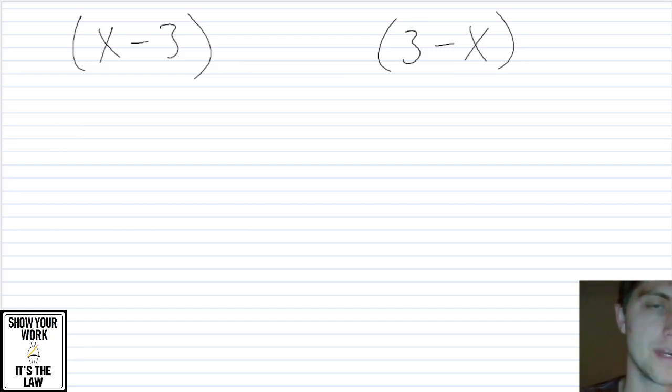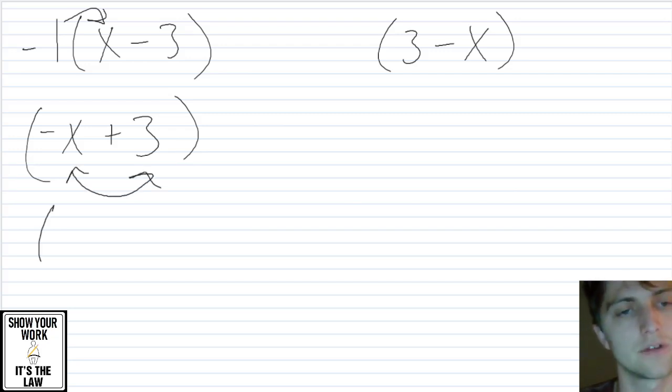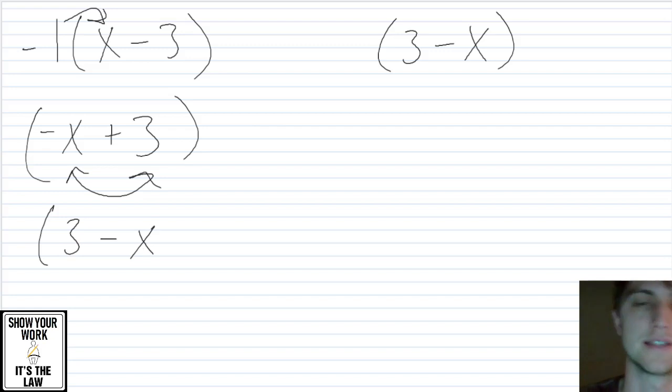So what would happen if we multiplied this by -1? What would we get? Well, if we distribute, -1 times x is -x, and -1 times -3 is +3, all right? So still a little different from what we have over here, but using the commutative property, we can just move these things around, which gives us 3 minus x.